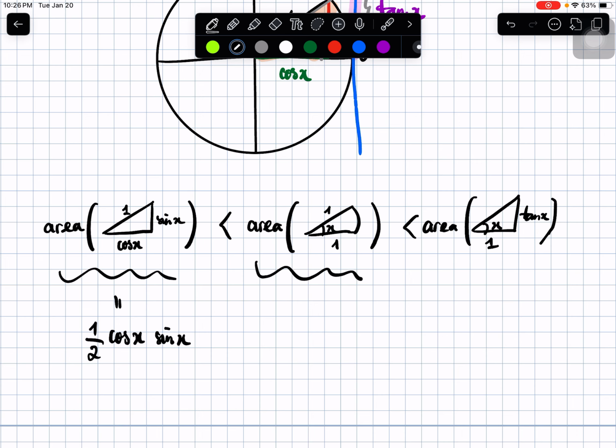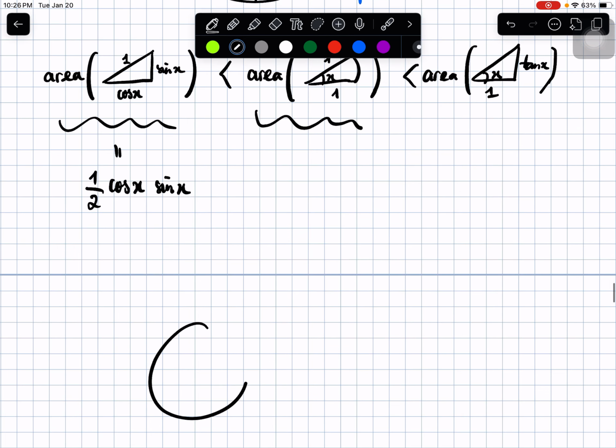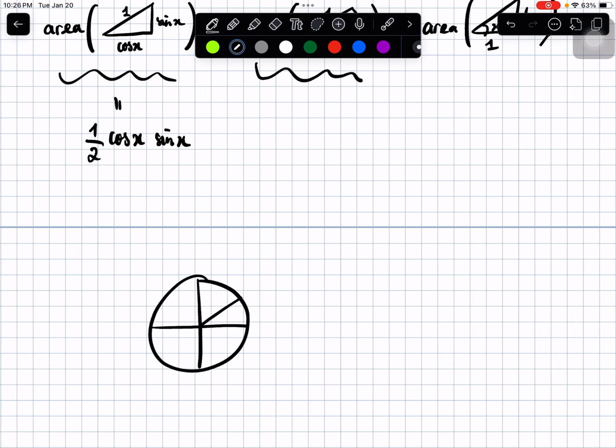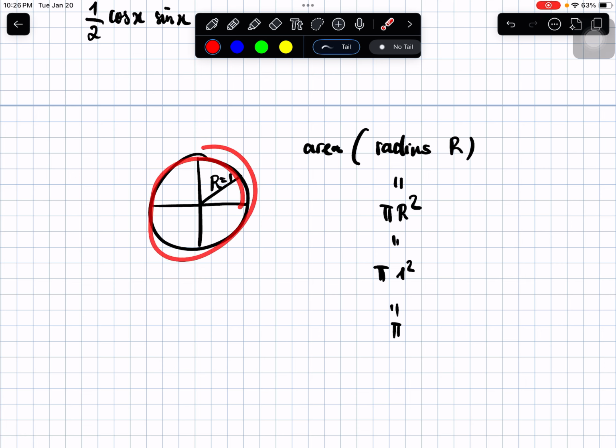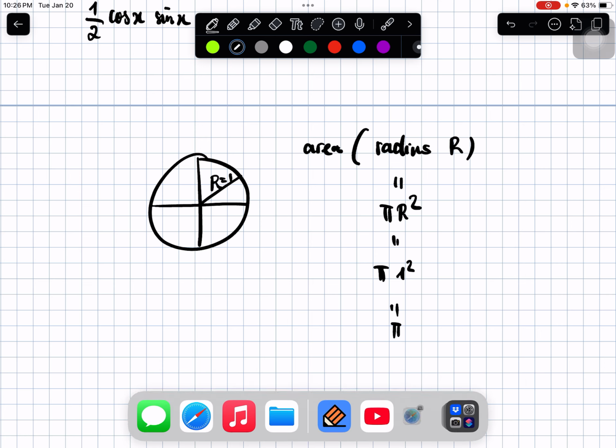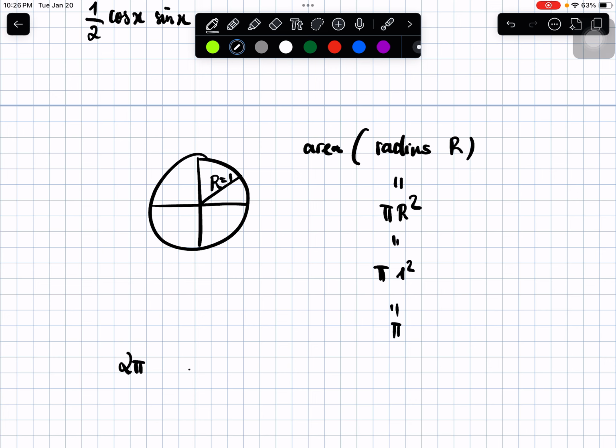Now for the circle area, we know that for radius r, the area of the circle is pi r squared. In our case, r equals 1, so the area is pi. If we have the angle 2 pi, then the area is pi.